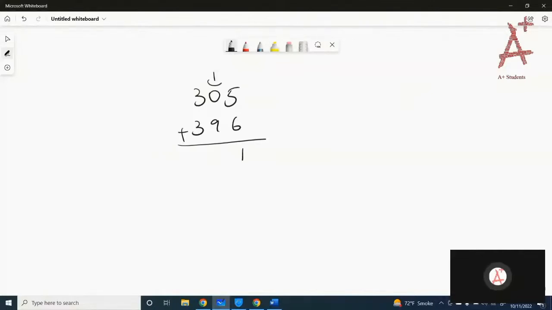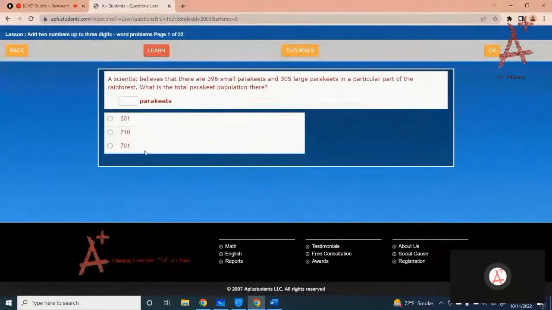You have to write 1 over here and carry the 1. Now you have to add the tens digits. So 9 plus 1 is 10. Write 0 over here and carry 1. So it would be 3 plus 3, 6 and 1, 7. So 305 and 396 is 701. Got it? So select the correct option and click on the OK button.